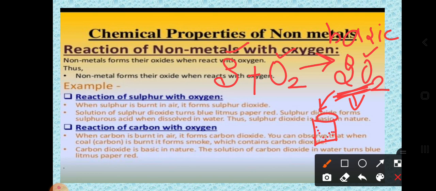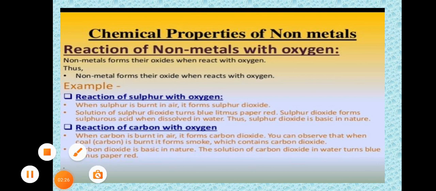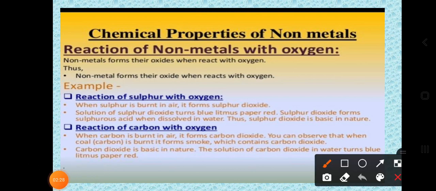It turns blue litmus red. So just recall, for checking the acidic and basic property, we use the indicator, that is litmus paper. So it is showing the acidic property.